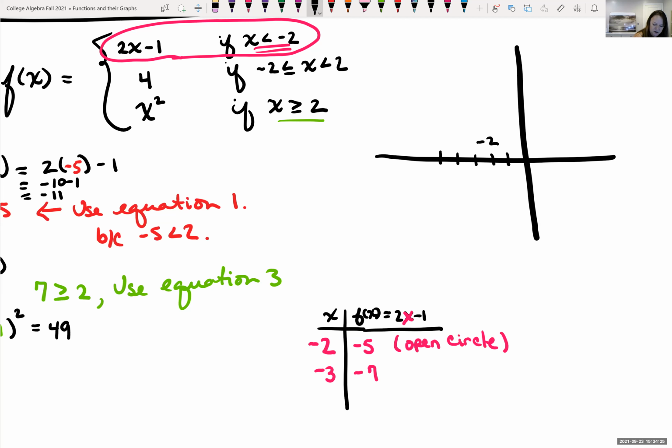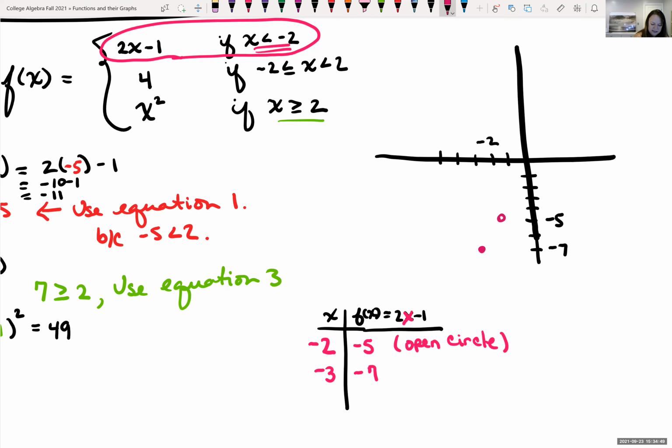So at -2, I saw that I had -5, but it was an open circle. At -3, I have -7, a closed circle.